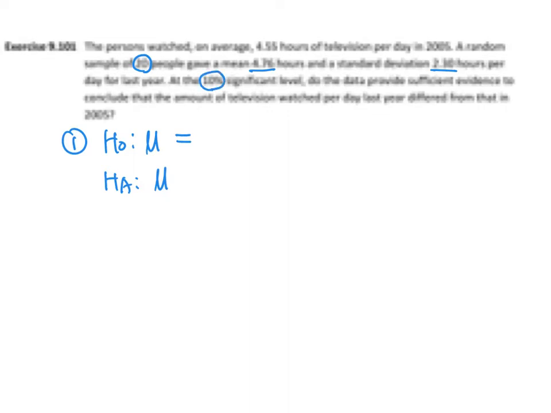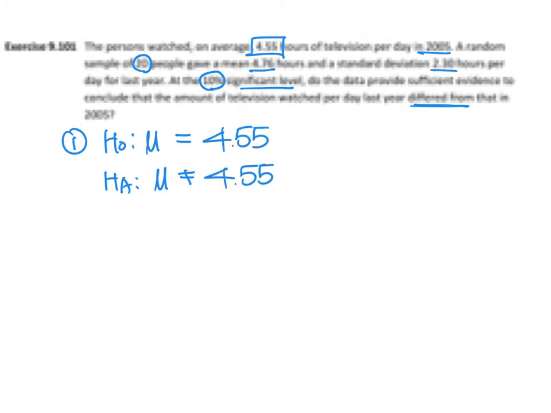Here is alpha, the significance level, and do the data provide sufficient evidence to differ from, it's not equal to, so it's a two-tailed test. In 2005, the average is 4.55. So we want to compare to the average in 2005.